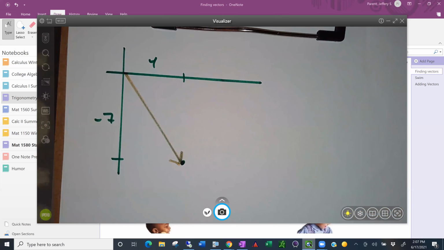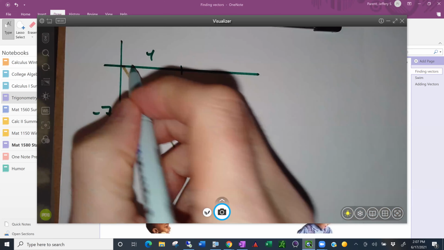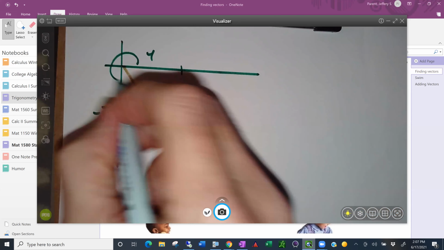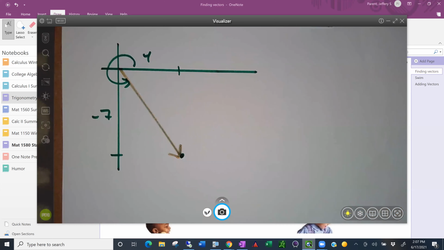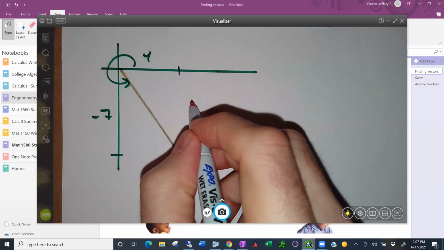Now, let's see here. What we want to figure out is what theta is. And theta generally is expressed as an angle between 0 and 2 pi or between 0 and 360, depending on what units you're going to work in. Either way, you've got a couple values here.